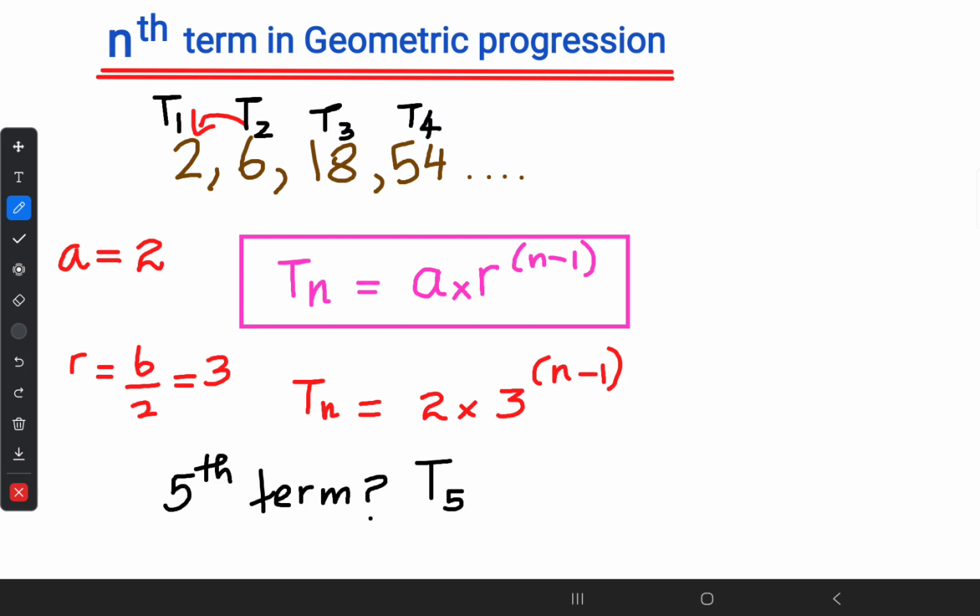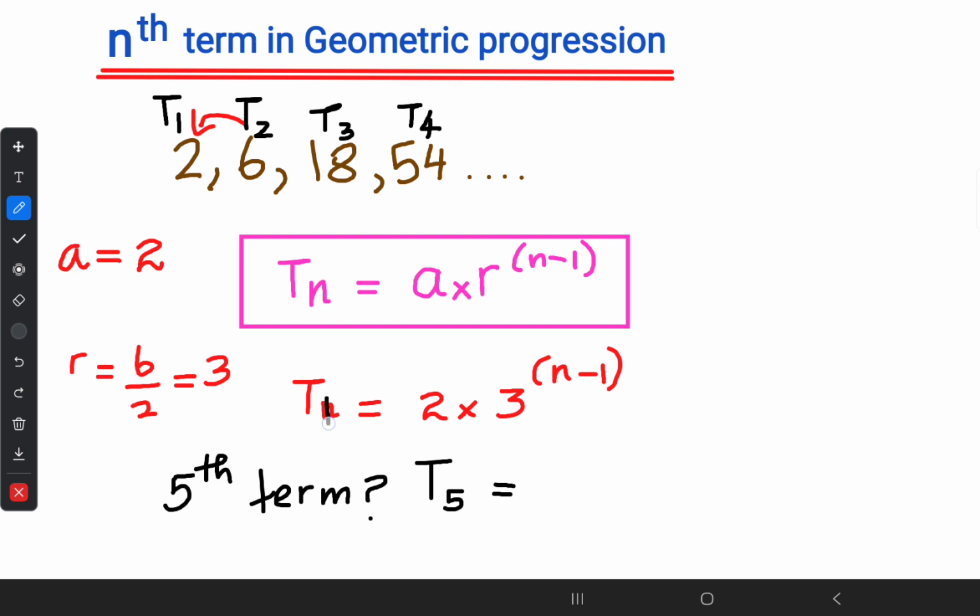Likewise, the nth term, the hypothetical term in terms of n, we can denote by using this formula. You should remember this formula, Tn equals A into R to the power of n minus 1. We got the simplified version of our answer, and thereafter T5. So what happened here was n was replaced by the number 5.